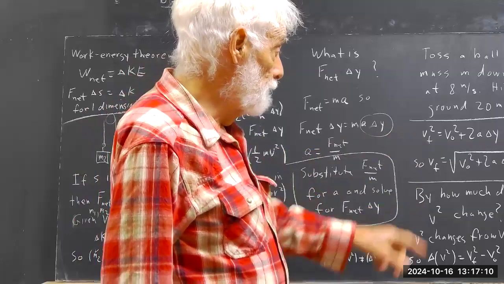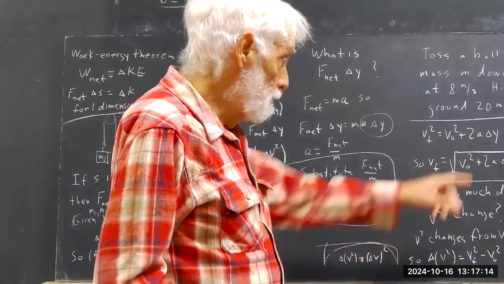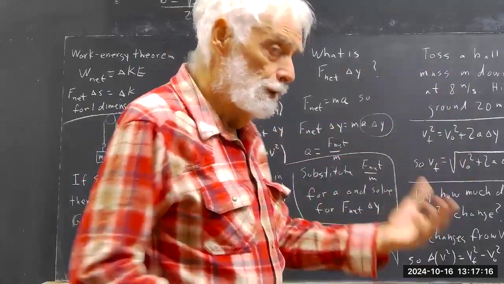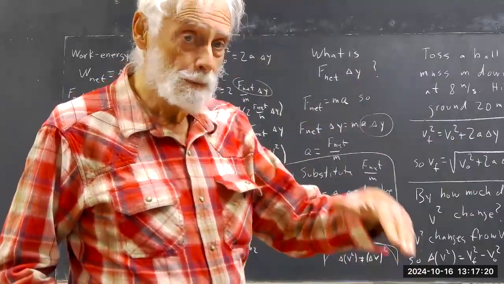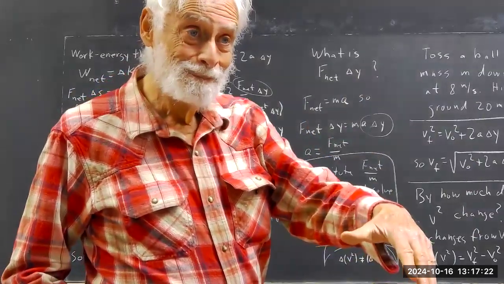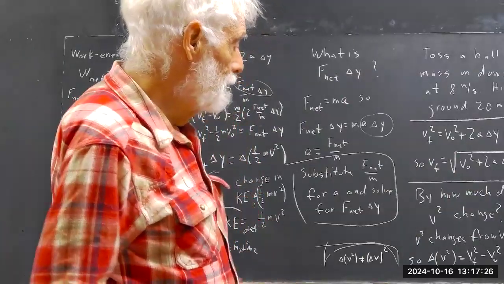It's fairly easy to find using this because you already know the acceleration. If acceleration is given as something else, say a ball rolling down an incline, you have a different acceleration. You still use energy in a kind of subtle way.